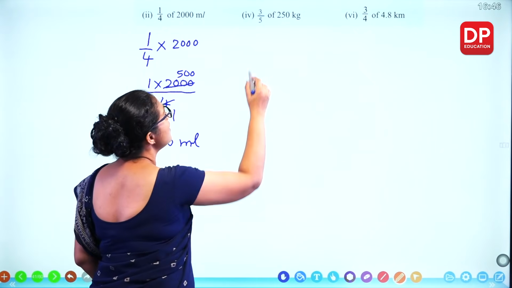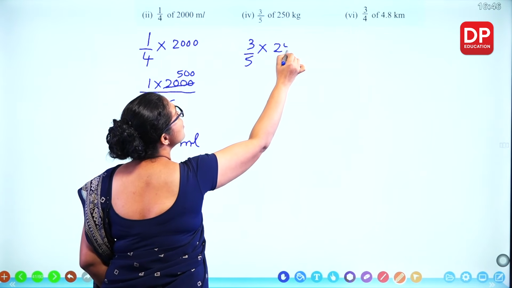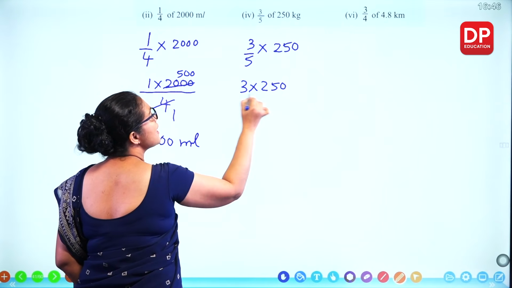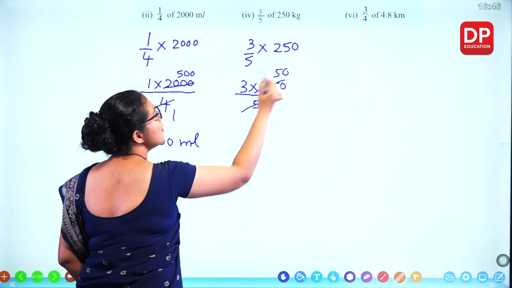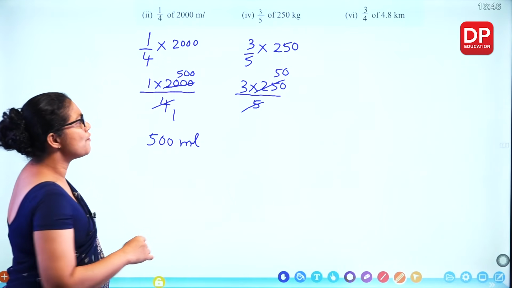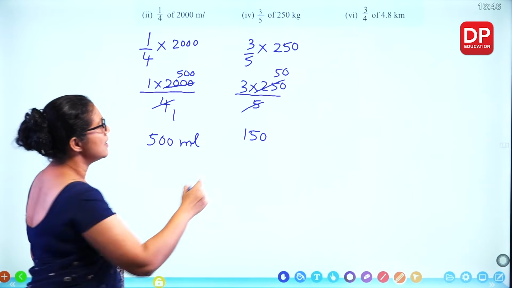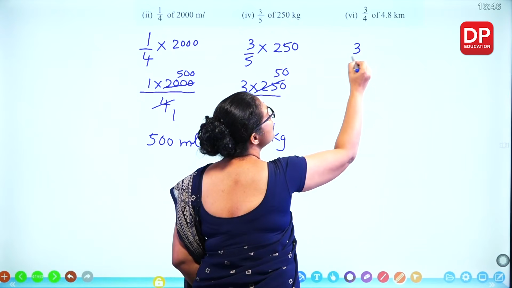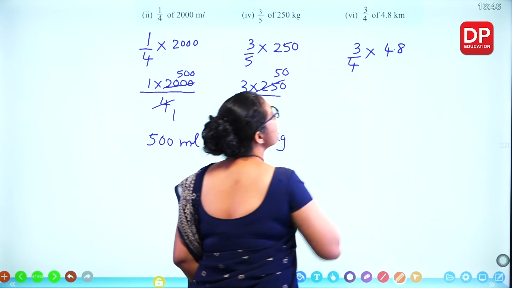What about this one? 3/5 of 250. "Of" means multiplication. Rewrite this question as multiplication and divide by 5. 5 times 50 is 250, so 3 times 50, you get 150. What's the unit? This is in kilograms. Next, 3/4 of 4.8.